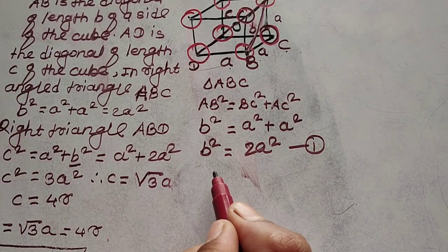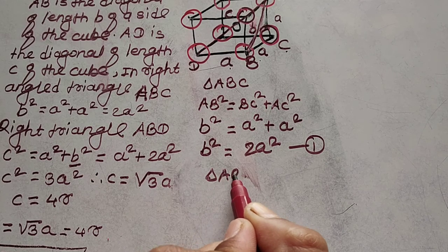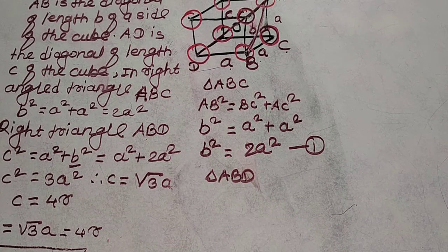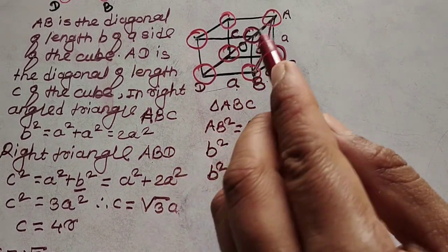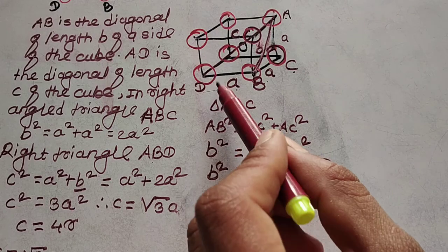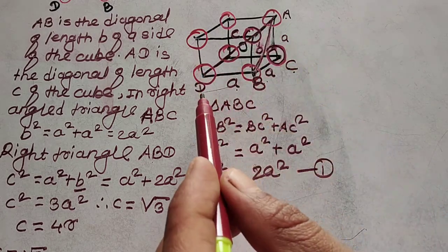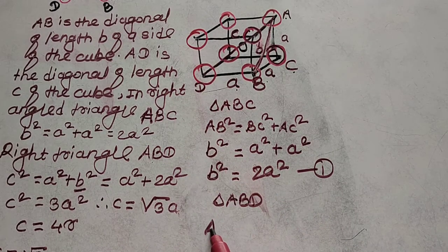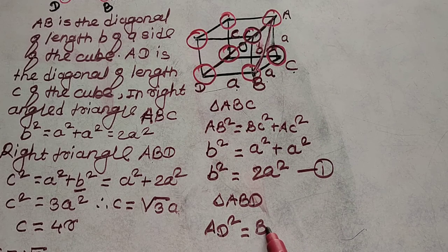Then the next right triangle I have taken is triangle ABD. This is a right triangle, so for ABD you also use the Pythagoras theorem. This is diagonal AD square is equal to BD square plus AB square.